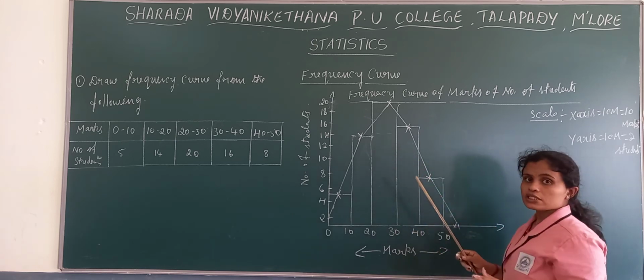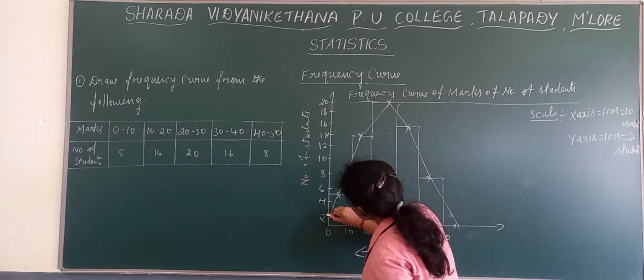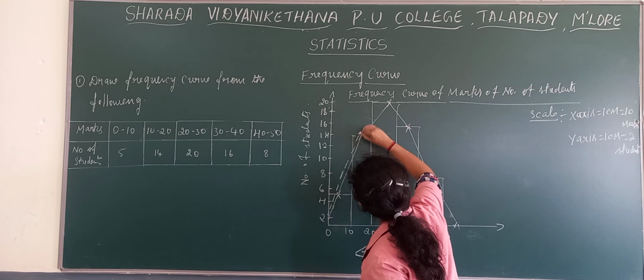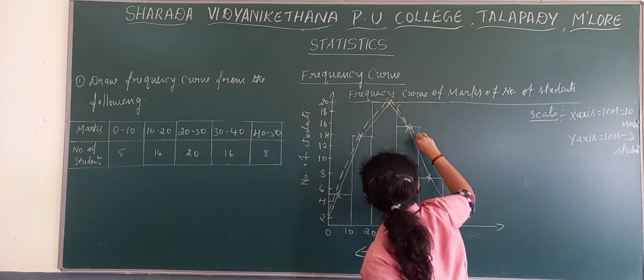See, this is a frequency polygon. Then to draw the frequency curve, along with the frequency polygon you have to show one freehand curve.